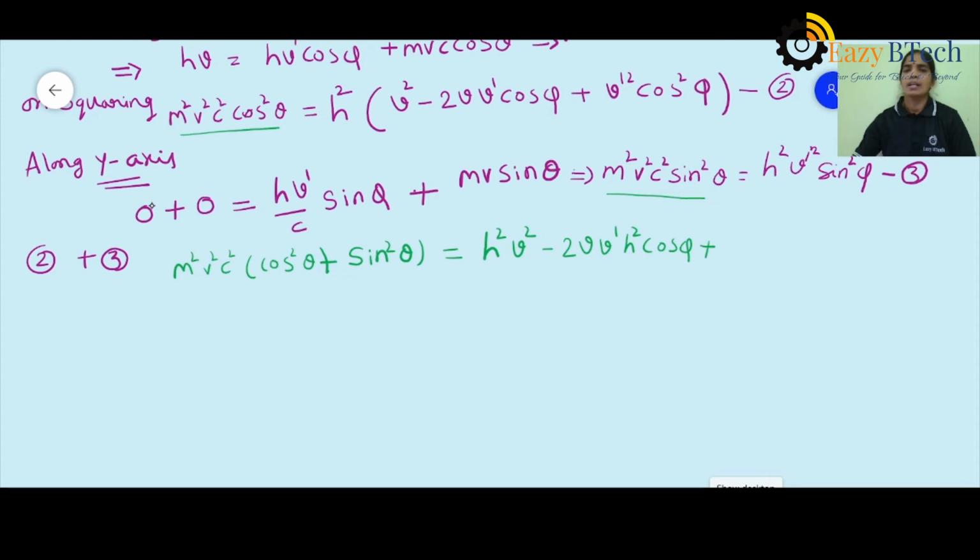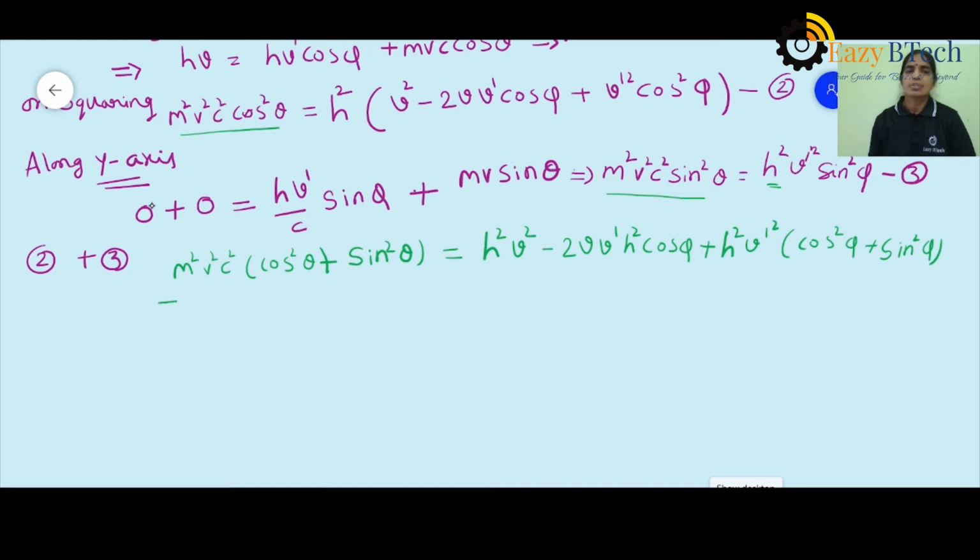We have here h square mu prime square cos square phi, and we also have h square mu prime square sine square phi. So I'll take h square mu prime square as common. Then what will be left for me? Now we have cos square theta plus sine square theta equal to 1, and similarly cos square phi plus sine square phi equal to 1.